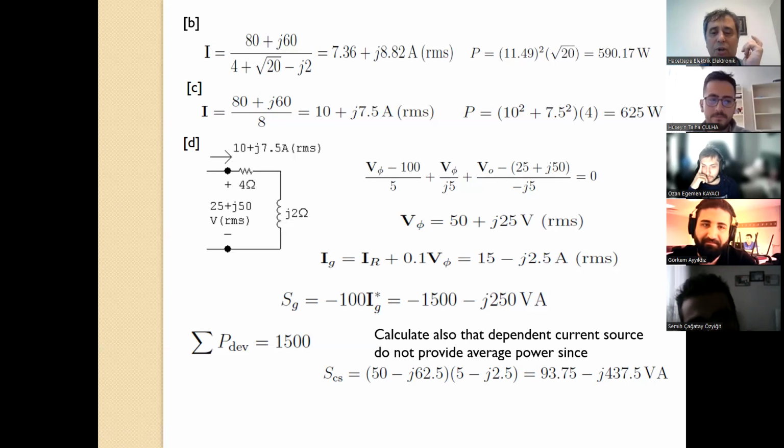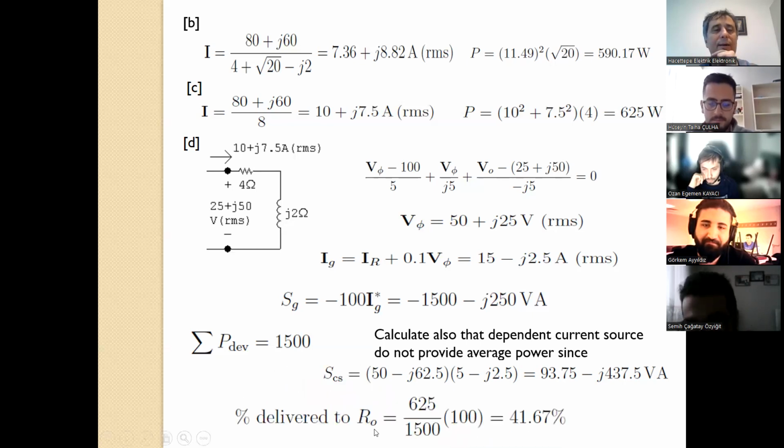Good. So what is the ratio then for the delivered power? 625 watts on the load side, dissipated power. 1500 watts is the generated power overall summation.